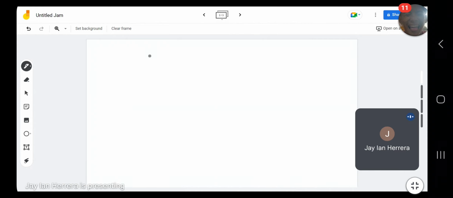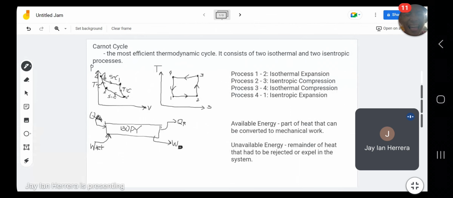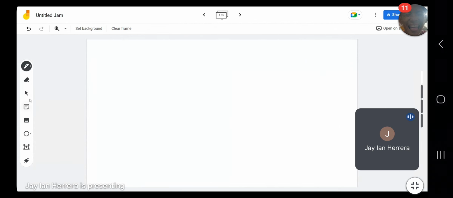So next is, ano pa ba? Let's try to relate the PV diagram sa piston cylinder.